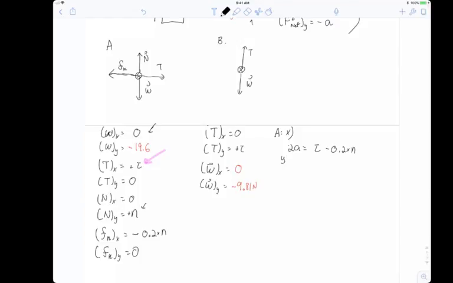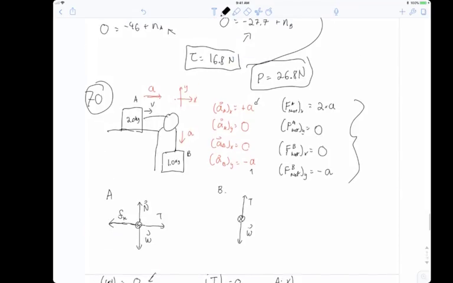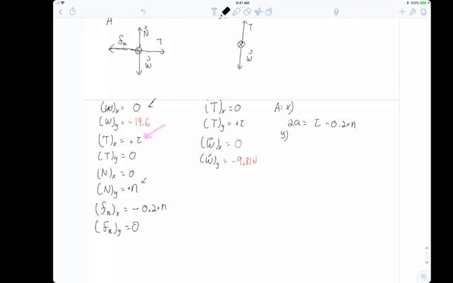Y direction: acceleration in the y direction is 0, so the net force is 0. And so this is minus 19.6 plus 0 plus little n plus 0.